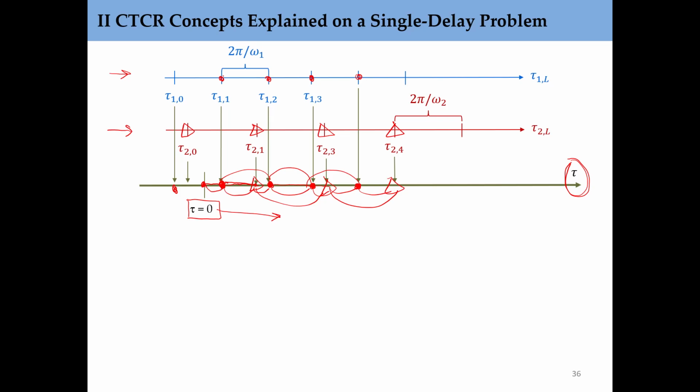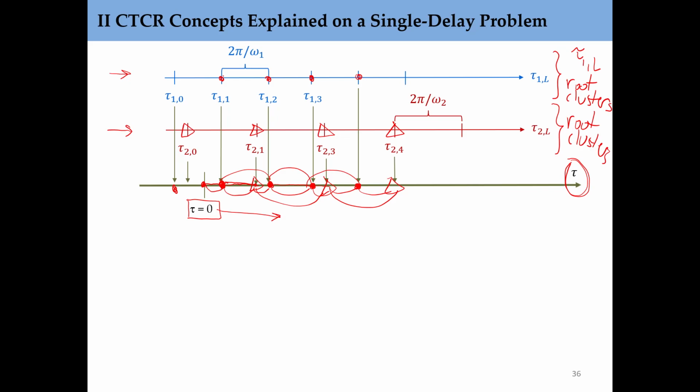Now, this is where the CTCR kicks in, because in some sense what we are saying is there are what we call root clusters. And there are infinitely many delay values, tau 1L, for which a cluster of roots across the imaginary axis are determined. And there is another set of delay values, infinitely many, that determine another set of root clusters that are responsible for crossing the imaginary axis at j omega-2.